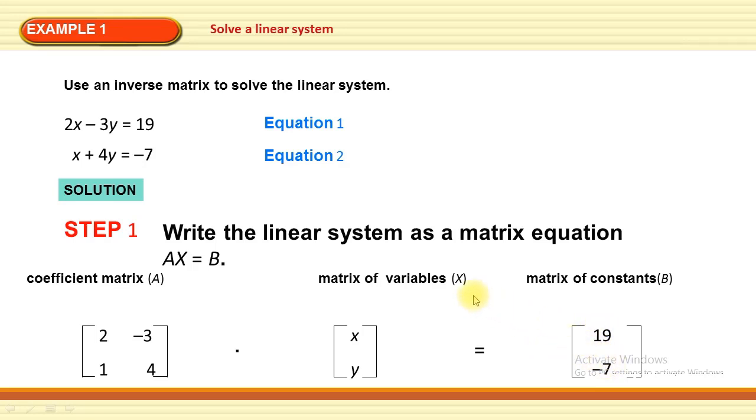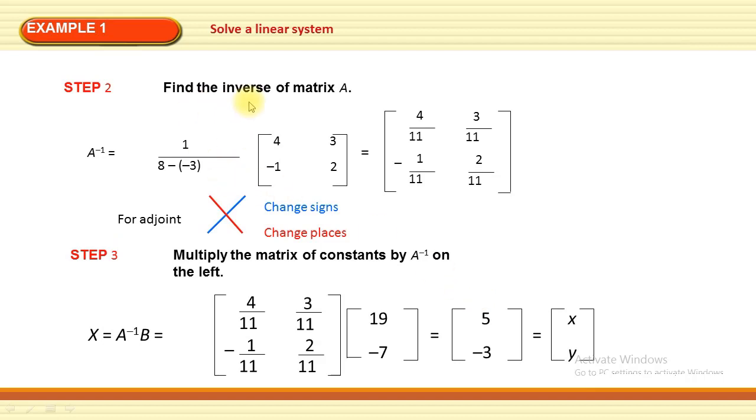Now in the second step, find the inverse of the matrix. Since in this system we have a 2 by 2 matrix, the inverse of a 2 by 2 matrix can be easily found by using the formula 1 over the determinant of the matrix times the adjoint of the matrix. The determinant of the given matrix is 8 minus into minus 3.